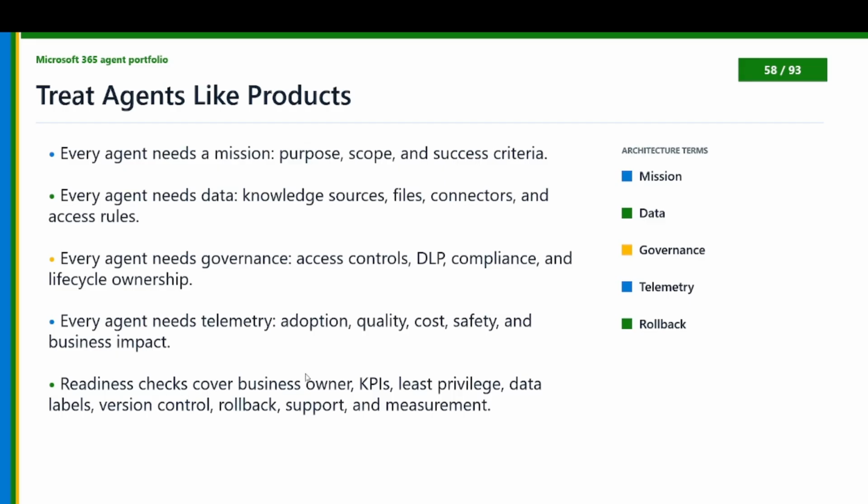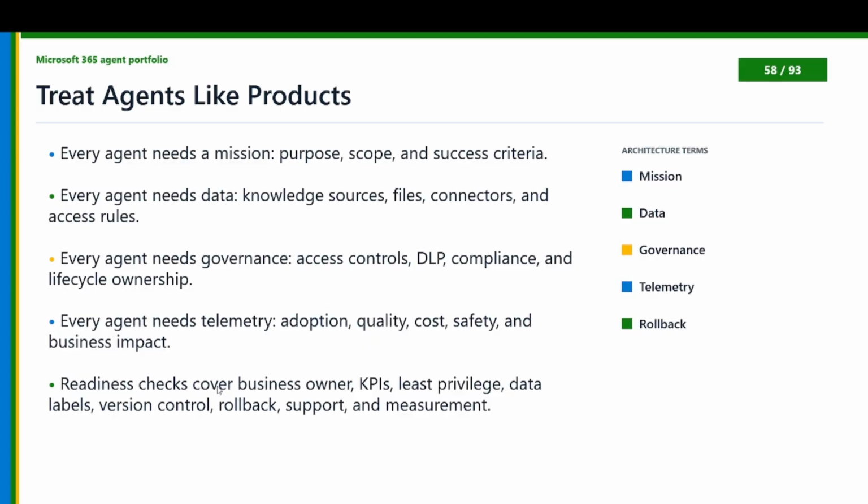So, readiness check over business owner KPI. Part of what we did in domain 1 is we focused on these 3 achievements: ROI, TCO, and secure adoption. So make sure you always conduct a readiness check.